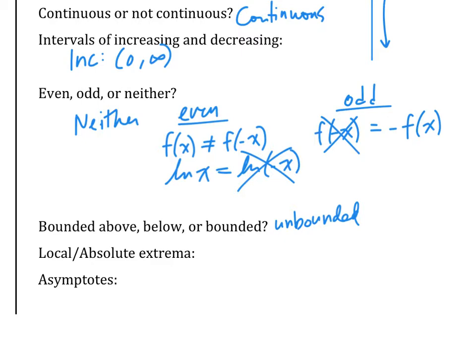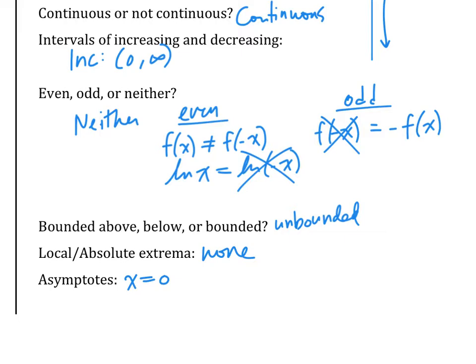Sally, extrema. No. Yes, good job. None. Okay, McKenna, asymptote. X equals 0. Yes, x equals 0. All right.